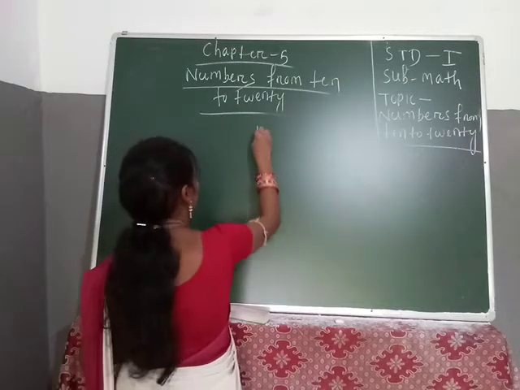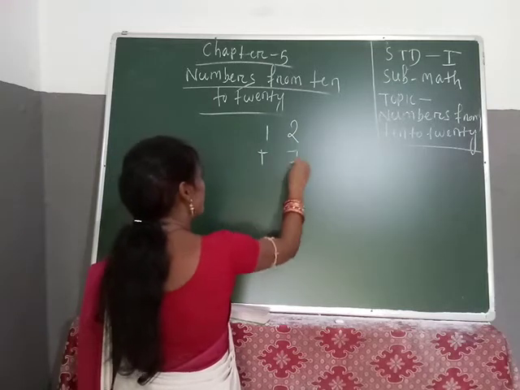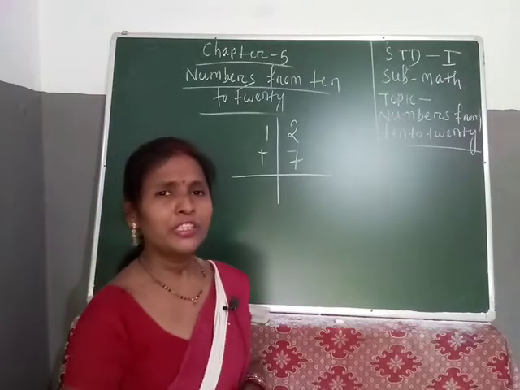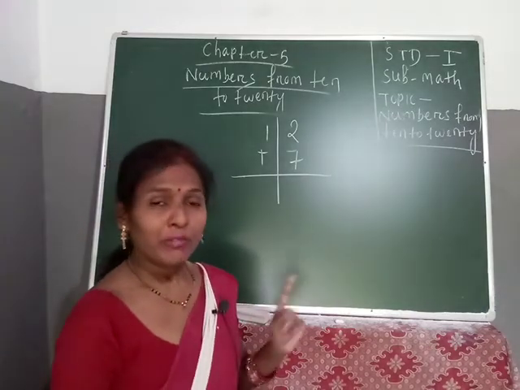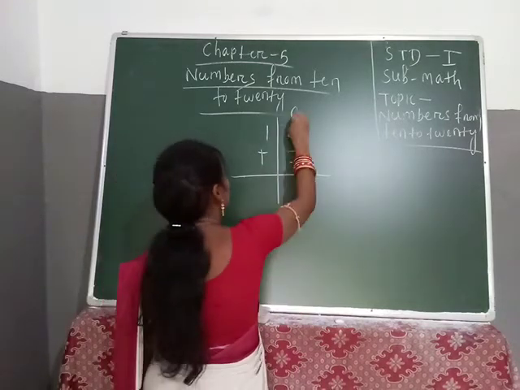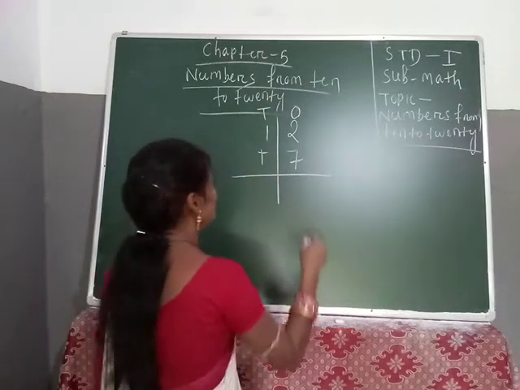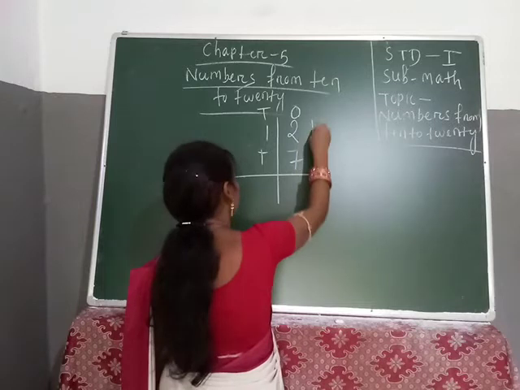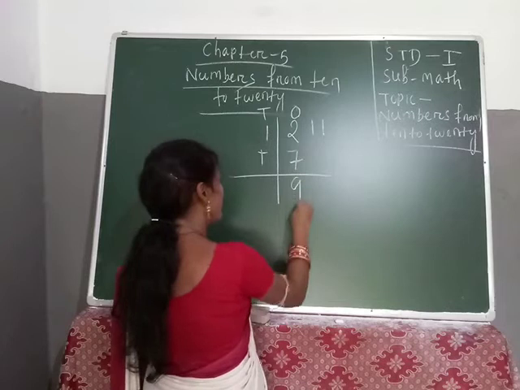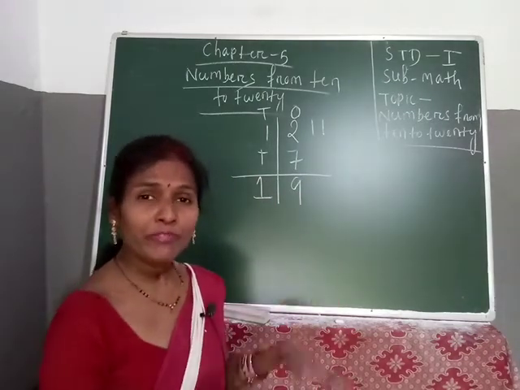Next we will do another thing I have not told you. See, that one is 12 plus 7. You just put a line in between them, because here is a double digit number and also a single digit number. Now you see, this is your ones place, this is your tens place. Here is a 7, here is a 2. I put the smallest one. Now 7, 8, 9. And this one is your 1, because nothing is there, so 1 will come down.